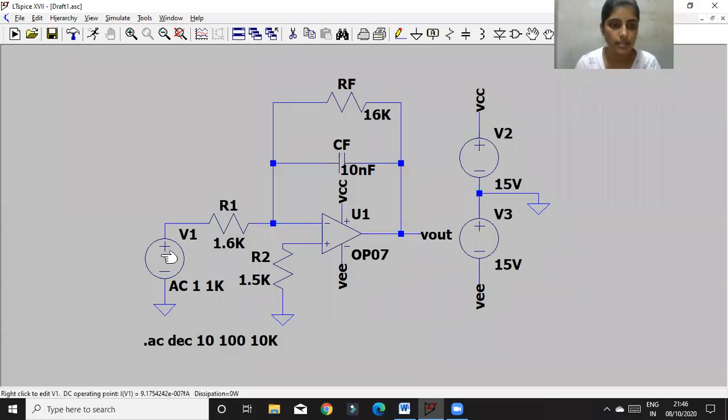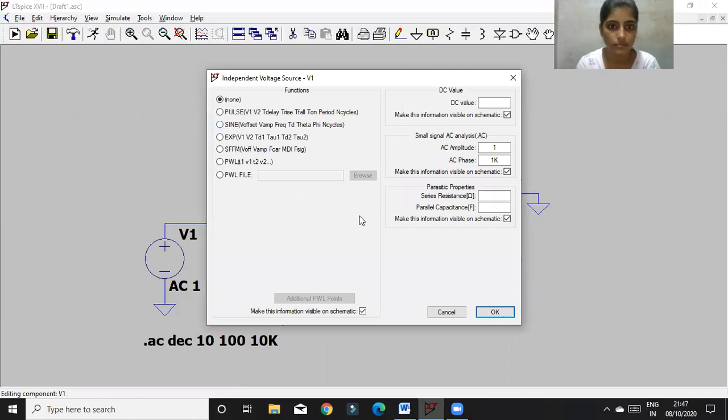Now we can see the output for the sine wave, where I select DC as 0, my amplitude is 1 volt, and my frequency let's say 500.